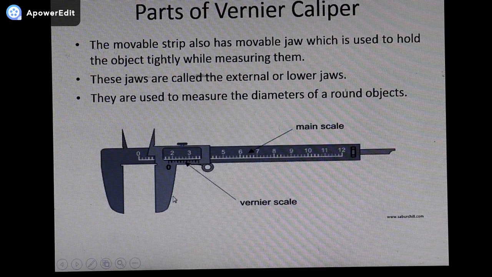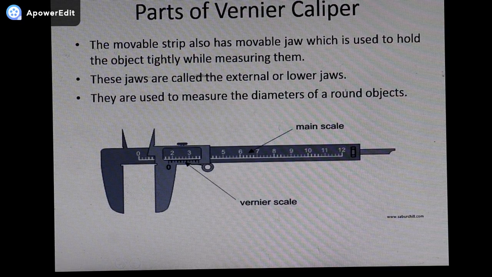The movable strip also has a movable jaw, which is used to hold the object tightly while measuring. So here you can see this is a movable jaw and this is a fixed jaw. Between these two jaws we can grip an object for the measurement purpose.